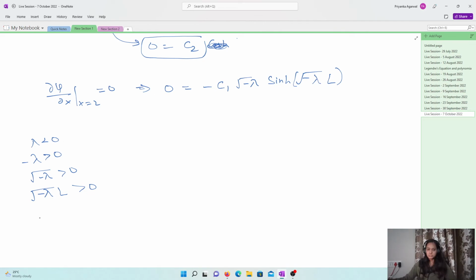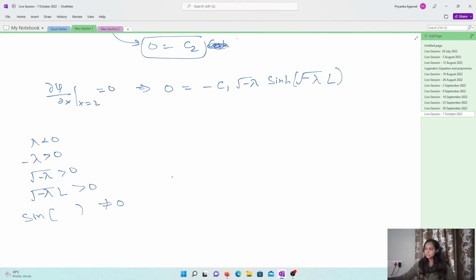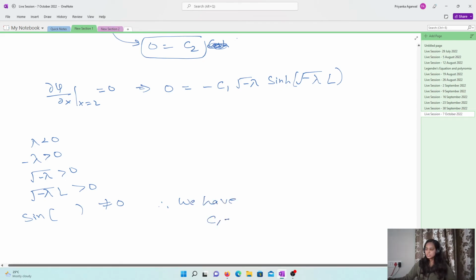Now when we know this, we know that sinh of this will not be equal to 0. Therefore, we have C1 equal to 0.